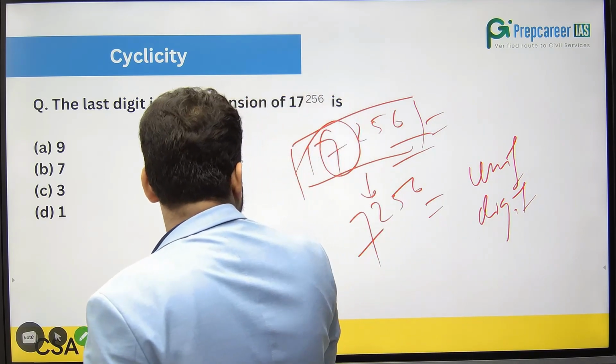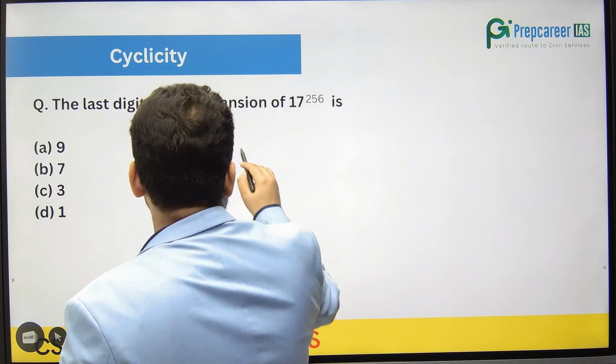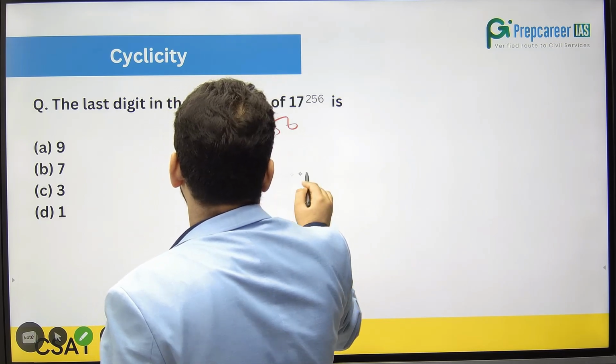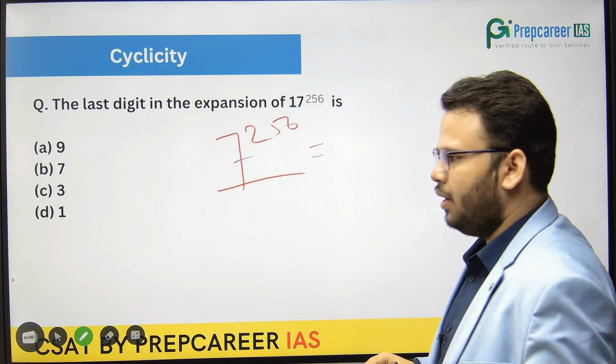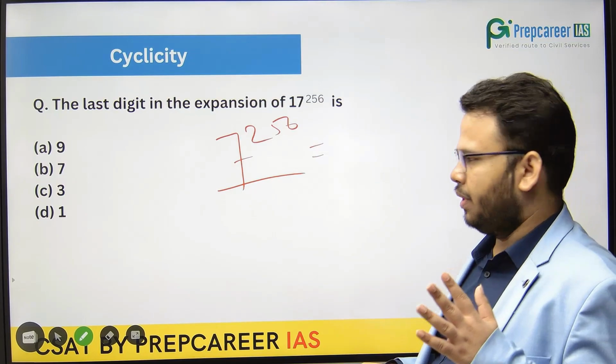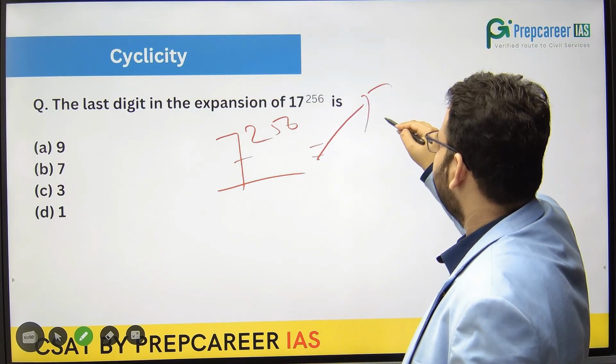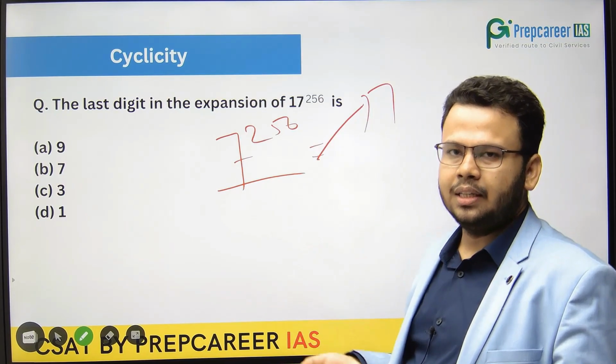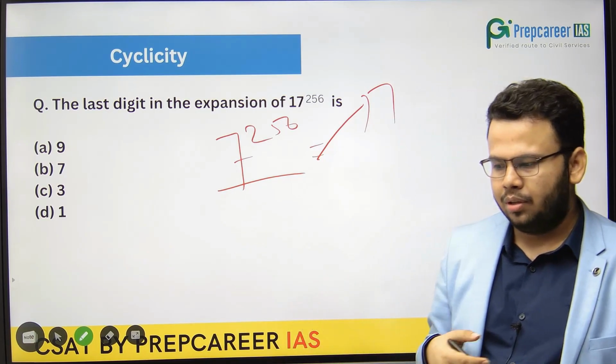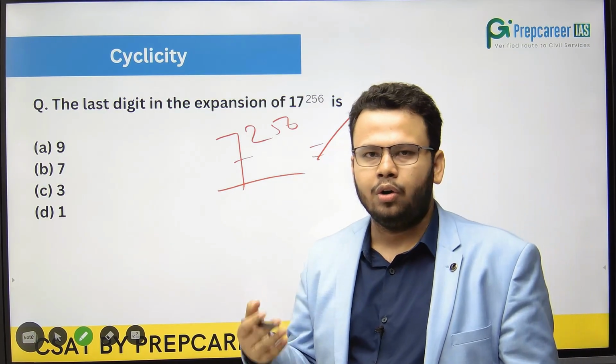Now solve this. When you have 7 to the power 256, you first have to understand the cycle length of 7. If you don't remember, you can check this in the examination. As we have seen, the cycle length can be 1, 2 or 4.